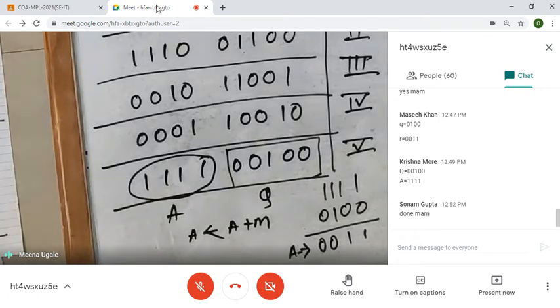The two numbers can be something else and your question will be the same. So we have seen three algorithms here. One is for multiplication, that is Booth's algorithm, and the next two are for division, that is restoring division and non-restoring division. I repeat, please read your question properly in the paper.